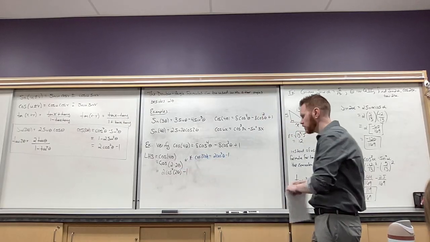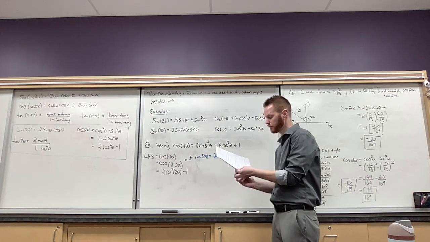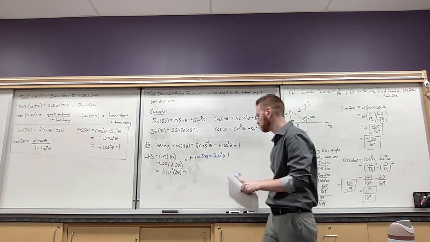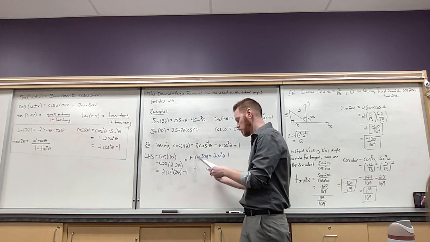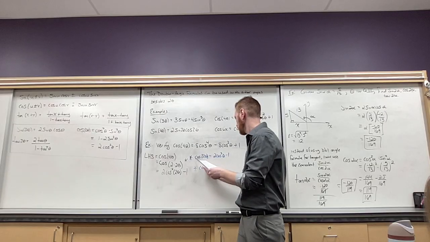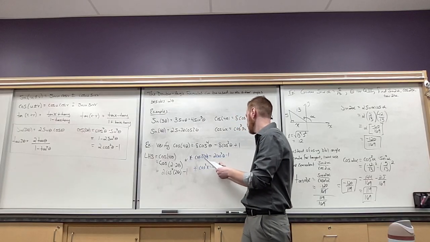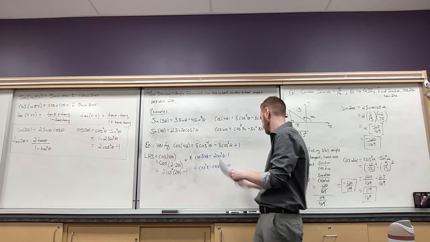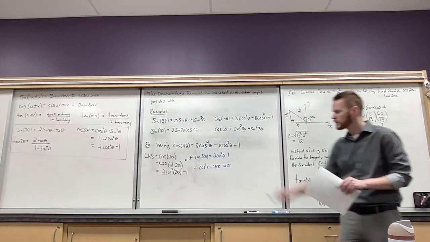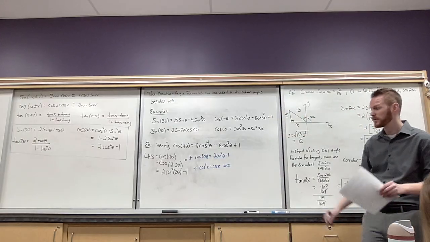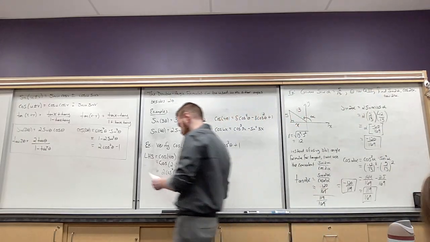Okay, another thing to note. Cosine squared of x is the same thing as cosine of x times cosine of x. As you can see, I have that situation here just with 2 thetas. So I'm going to expand that out.